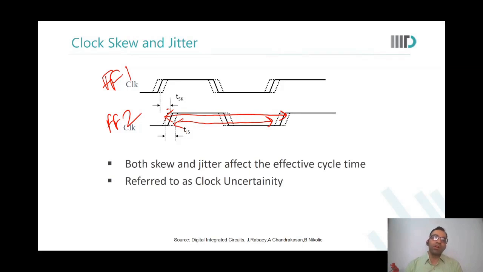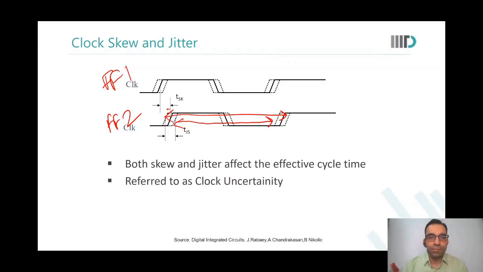The inverted clock is usually generated inside the flop itself. You've seen the symbol of a flip-flop. There is only one clock input. CKB is an internal signal. Okay, thank you.